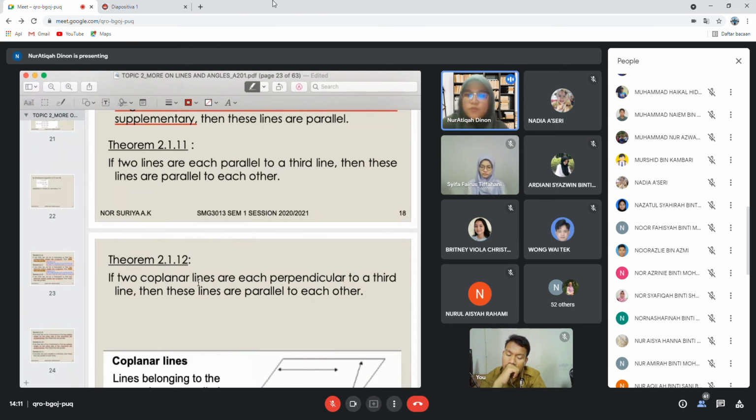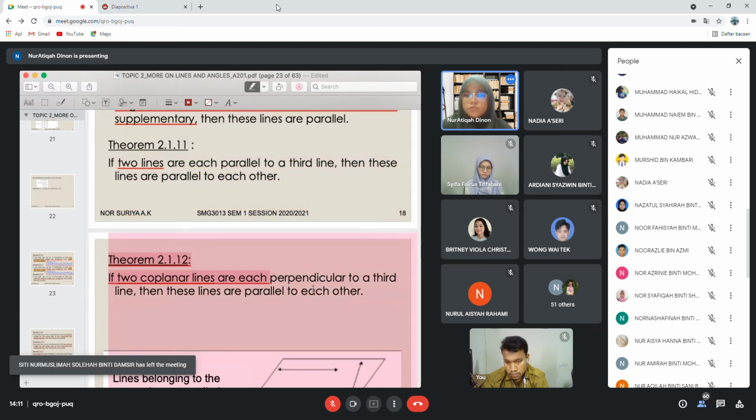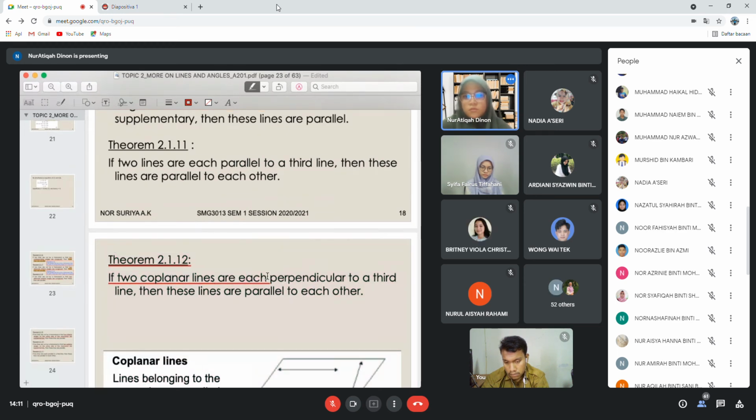If two coplanar lines, okay, this is the difference, are each perpendicular to a third line, then these lines are parallel to each other. Just now we talk about parallel, this one we talk about perpendicular. So this one we talk about parallel, this one we talk about perpendicular, and this one involves three lines, this one also involves three lines.